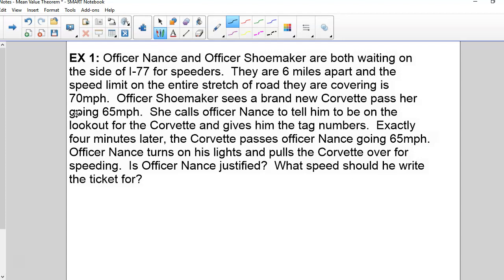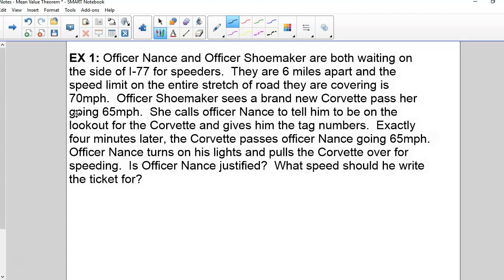Officer Shoemaker sees a brand new Corvette pass her going 65 miles an hour. She calls Officer Nance to tell him to be on the lookout for the Corvette and gives him the tag numbers. Exactly 4 minutes later, the Corvette passes Officer Nance going 65 miles an hour. Officer Nance turns on his lights and pulls the Corvette over for speeding. Is Officer Nance justified? What should he write the ticket for?